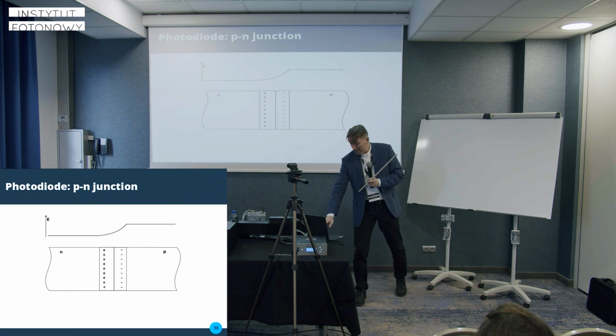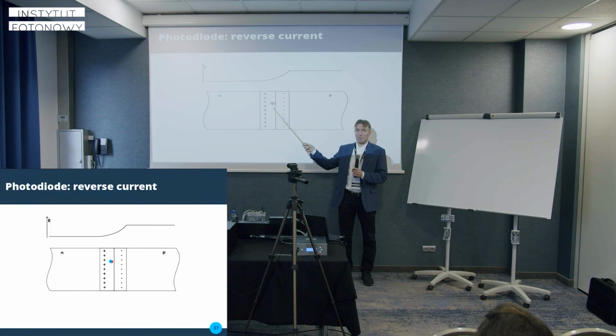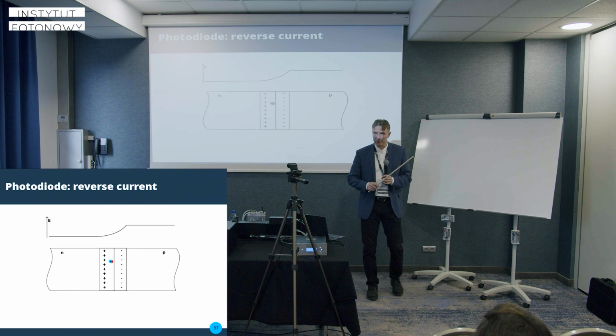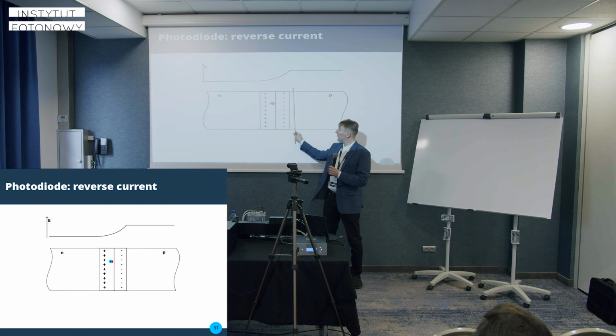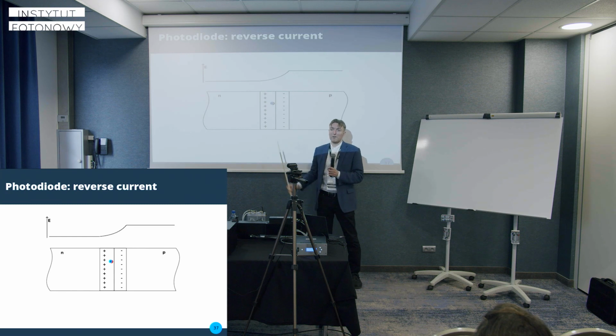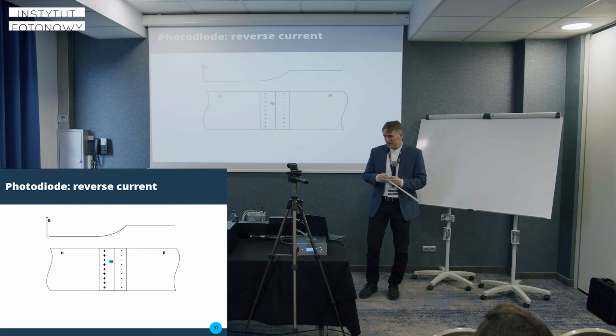However, this potential gives you an electric field that will help separate any pairs of electron hole produced in that region. And this will generate photocurrent. By the way, the capacitance of the junction is more or less determined by the size of this space charge region, or this depletion region, as it is called. Okay.